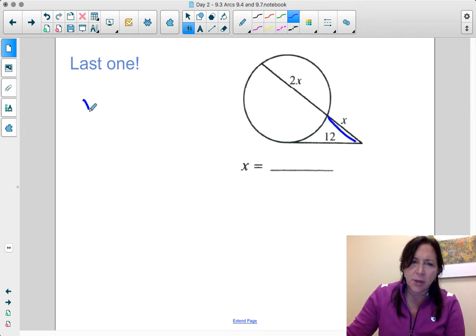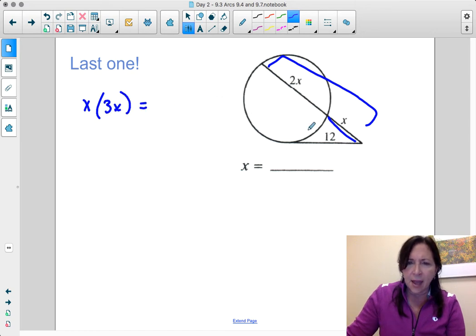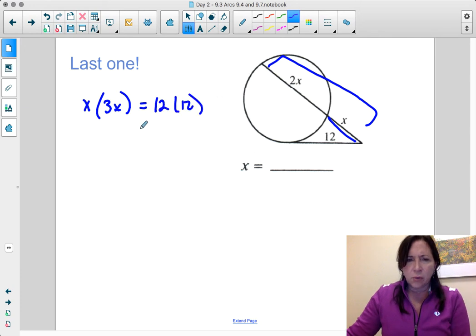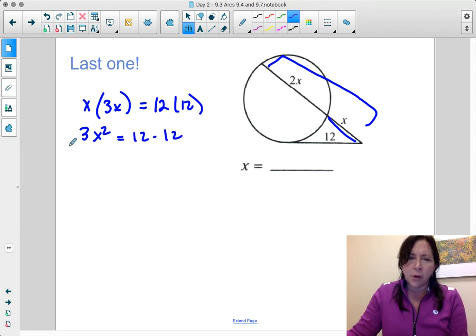Last one, let's do this. Outside x, so we go x times the sum of the lengths is going to be 3x is equal to the outside times the sum, which is 12 times 12, which is 12 squared. This looks like I have 3x squared is equal to 12 times 12. I know that's 144, but I'm just going to divide by 3 first, because what that's going to do is change this to a 4.